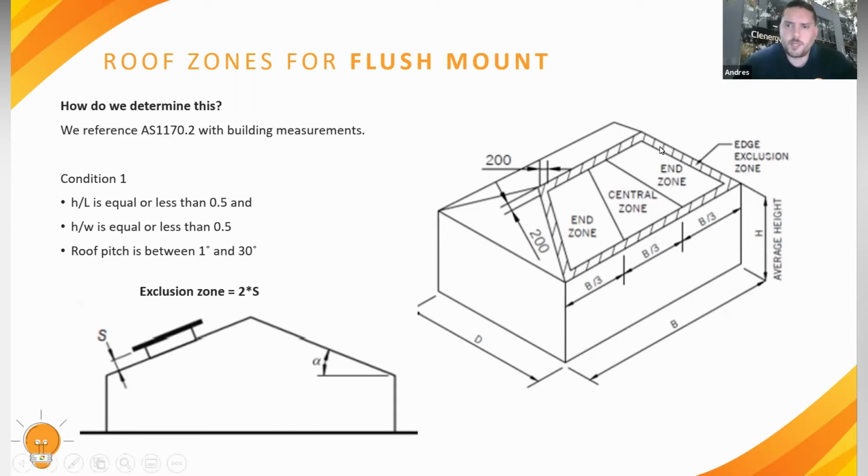When these conditions are present, as we can see in that image, we have the length of the roof, which would be B. If we separate B into 3 equidistant lengths, we'll be able to see where the end zones and the central zone are. The end zones correspond to the upwind and the downwind sections of the roof. Also, the standard recommends a minimum exclusion zone of 2S, S being the distance from the underside of the panel to the surface of the roof.